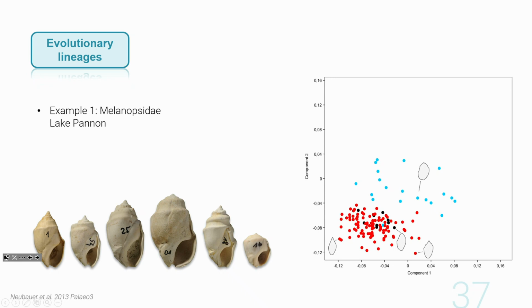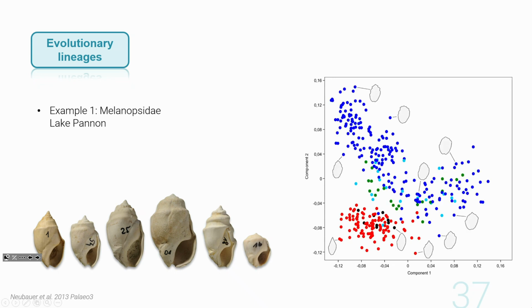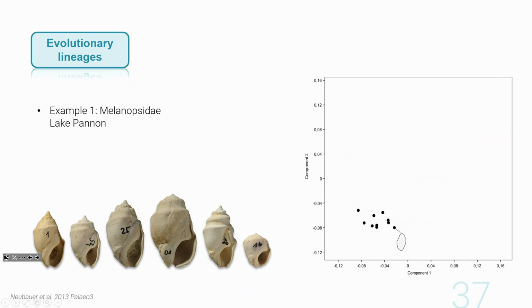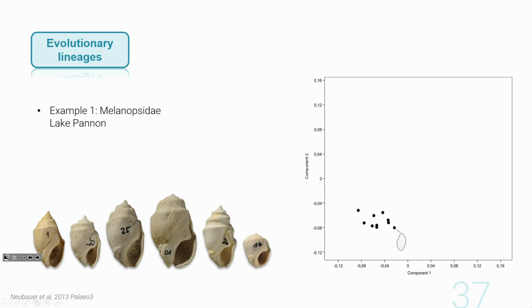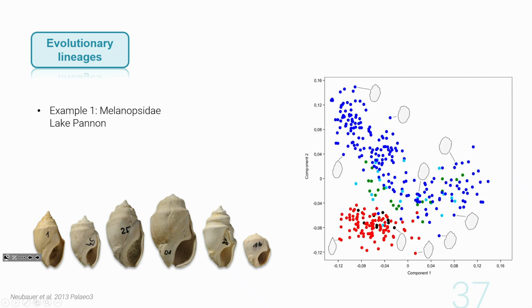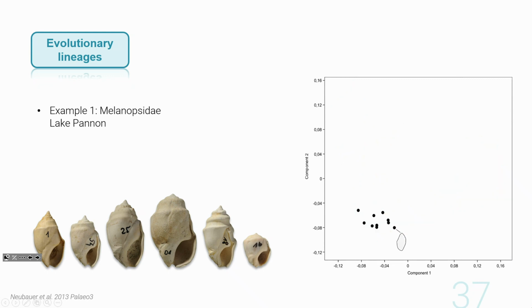They start to develop rather bulky forms here with keels, about here, and on the other hand, they go into bulky, small morphologies like here. And this happens in only, I think, 2 million years or something like this. And it might be related to environmental changes. At least that's the hypothesis right now.